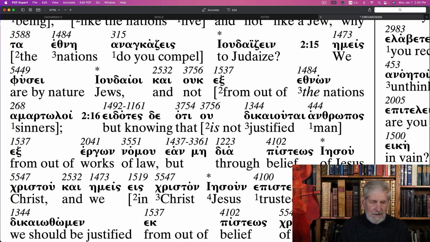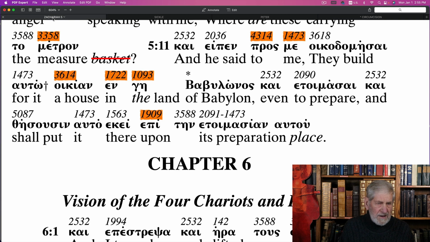Now, the land of Babylon is last mentioned in the Old Testament here in Zechariah. This is the very last place in the Old Testament as far as timeline goes. And we now jump forward to Revelation, which I believe is talking about Jerusalem because of it being called Babylon.